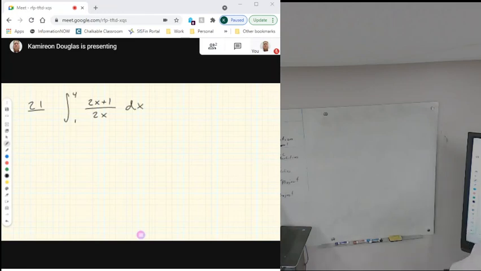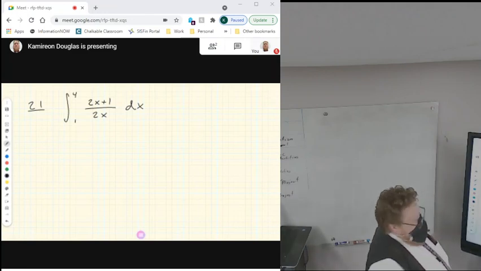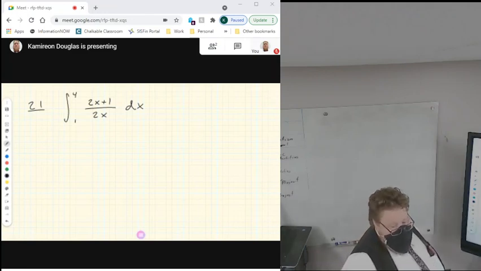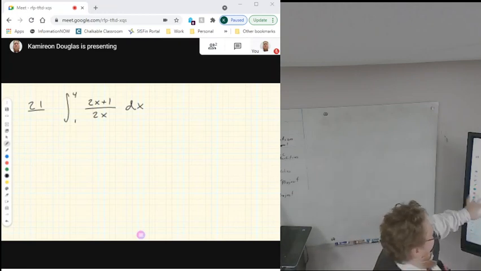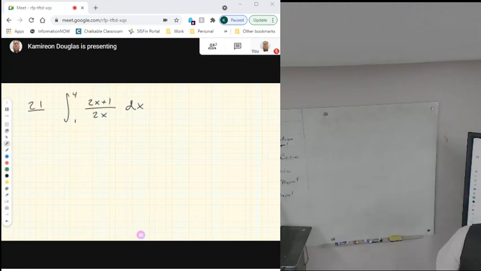Okay. So for this problem, I'd probably split this into two fractions first of all. But once you have it set so you can actually take a derivative, as a reminder, you'll end up with what we call capital F, the parent function, the bigger function. And you have to plug in the boundaries between 1 and 4.